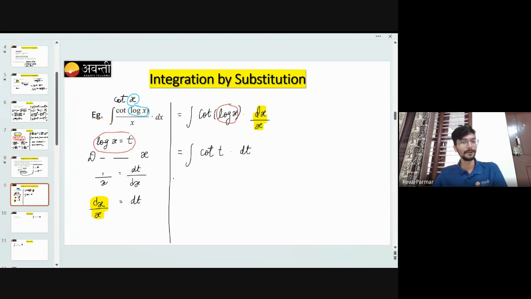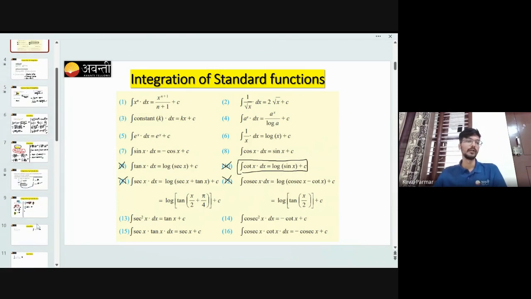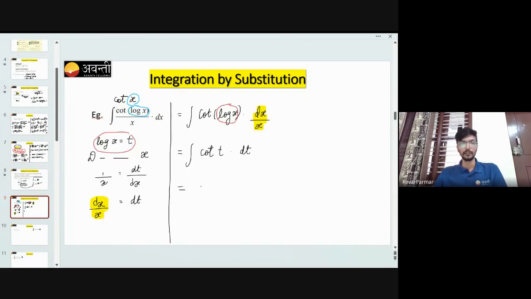Now you might not know the formula because we had cancelled this cot formula, right? But integration of cot is log sine. So I will get log sine t plus c.